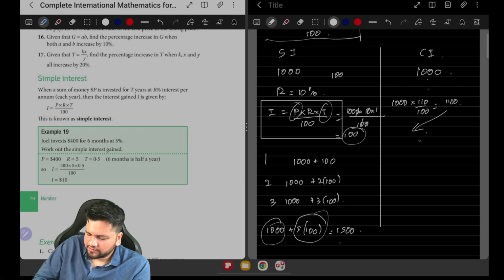Now there is an increase of 10% here, so it's going to be 1100 into 110 by 100. So these get cancelled and you will get what? One second, what happened? Okay, this other one got cancelled. 1331 it should be.